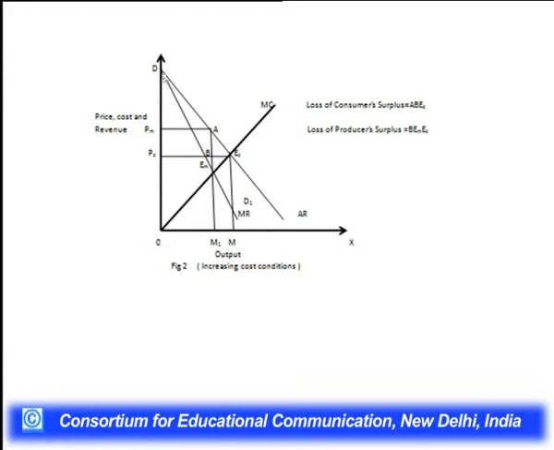So, the upper triangle D, PC, EC is the consumer's surplus under perfect competition.